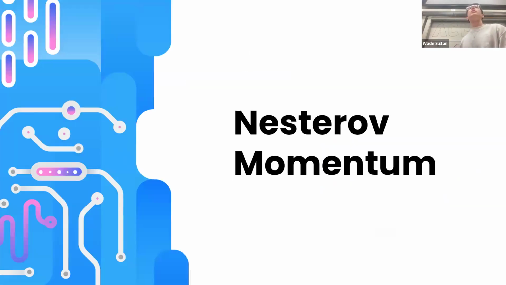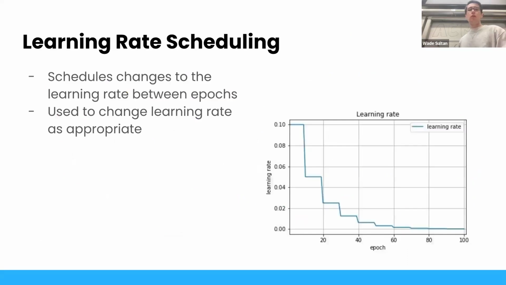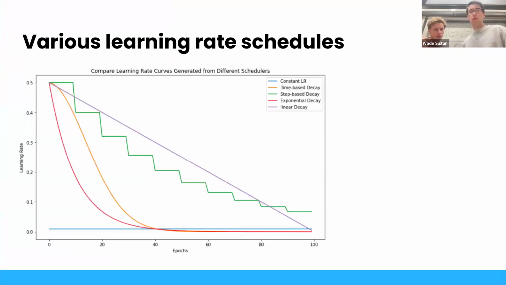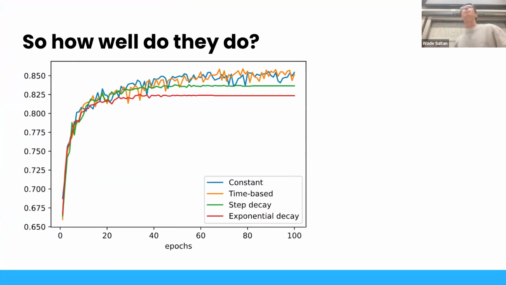A Nesterov momentum or? It's right here. This? Yes. Exponential is 70 here. Exponential, yes.